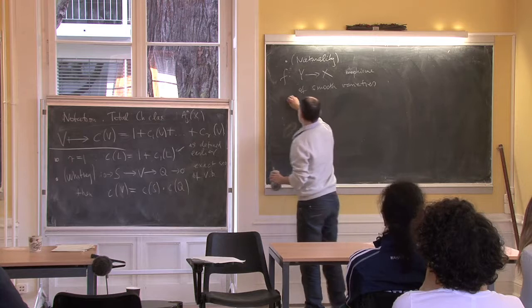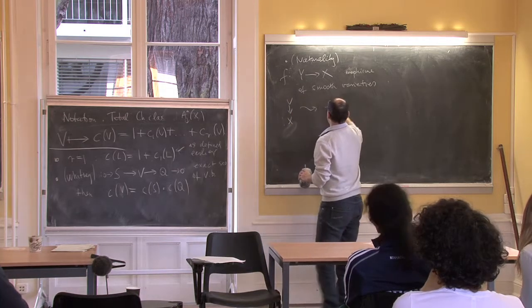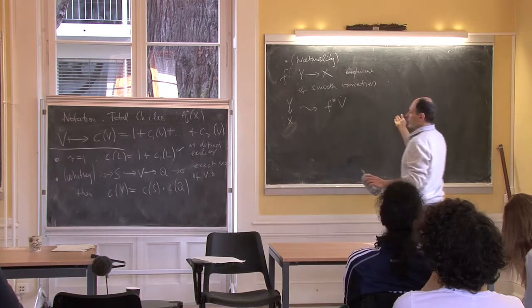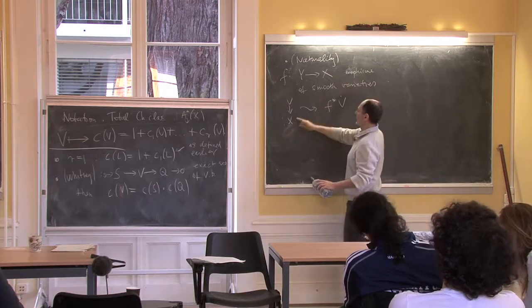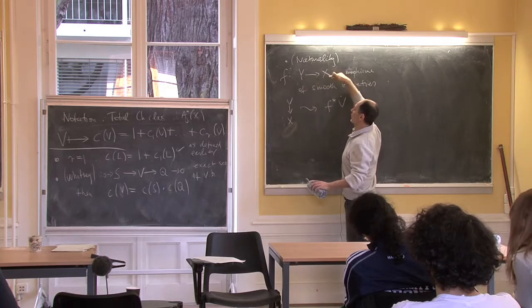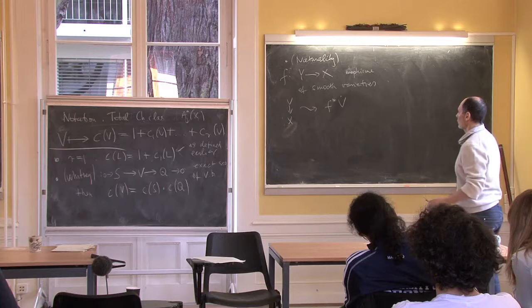So let's take a vector bundle V on X. You can pull it back and have a vector bundle, which is the pullback of the vector bundle. That essentially means that for each point, you look at where that point goes and you pull back that vector space, which is the fiber over it.